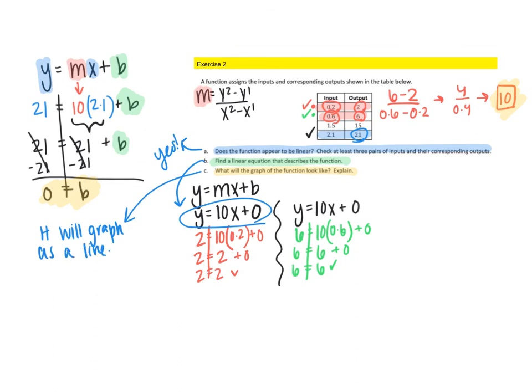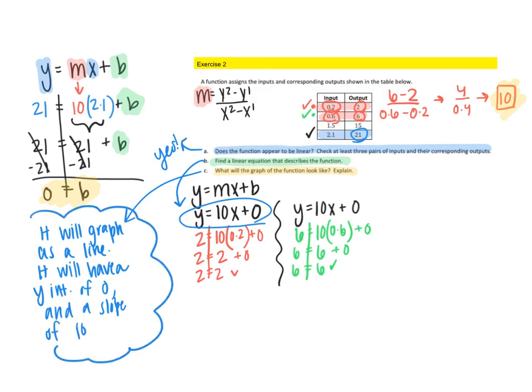The slope and the y-intercept, so it will start at the origin, or it will have a y-intercept of 0 and a slope of 10. Okay? My y-intercept is 0, my slope is 10. Make sure you have that down and let me know if you have any questions before we move on.